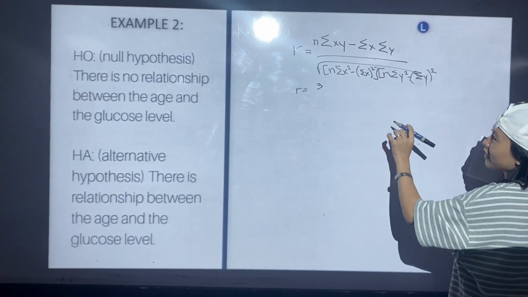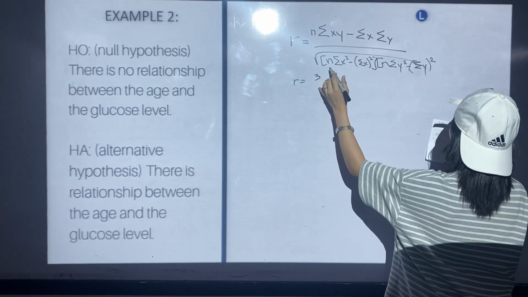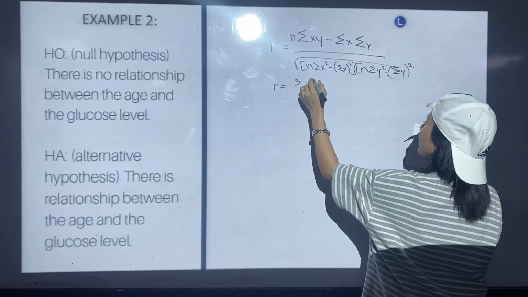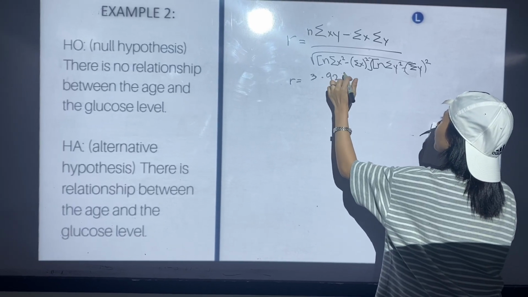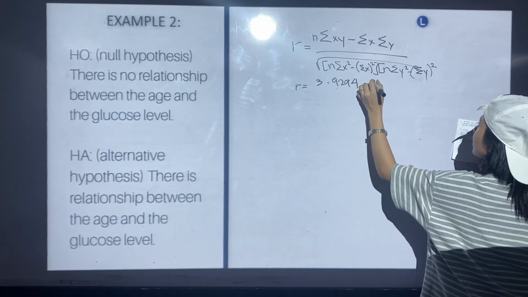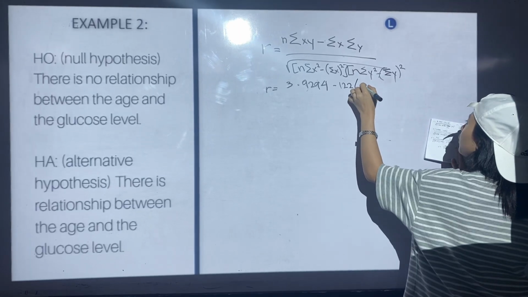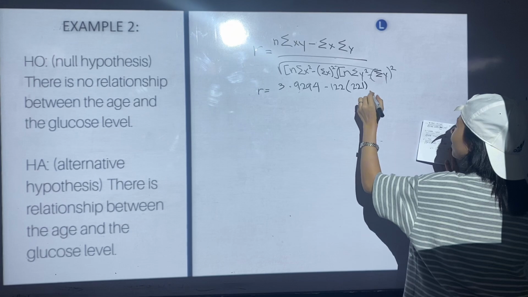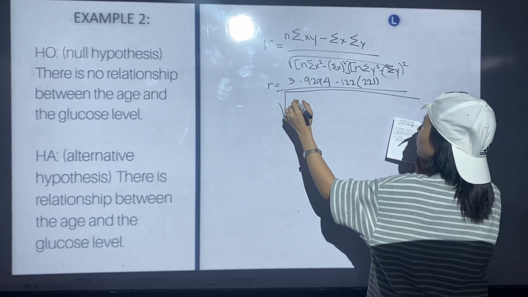As you can recall, the product of X and Y, which is 9294, minus the sum of X, that is 122, times the sum of Y, that is 221.